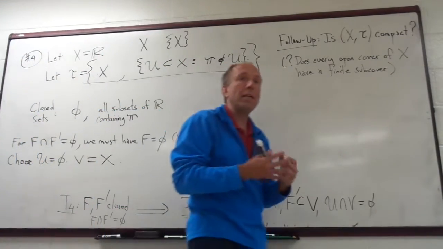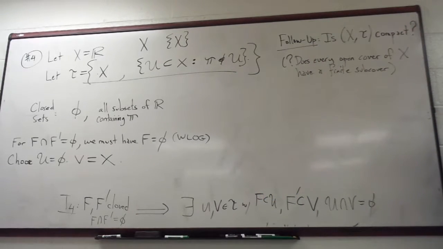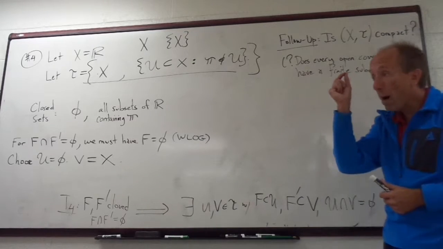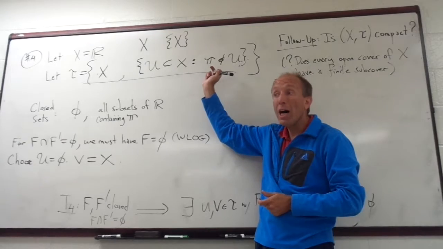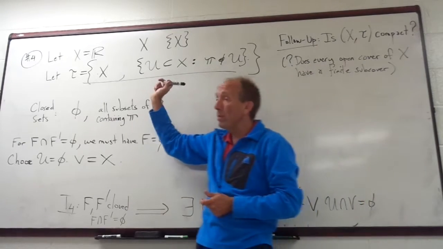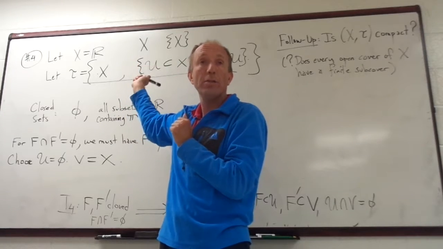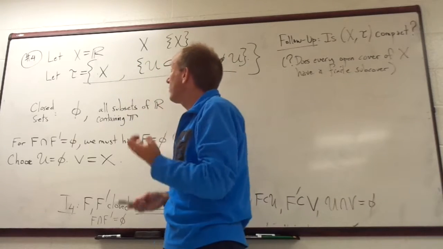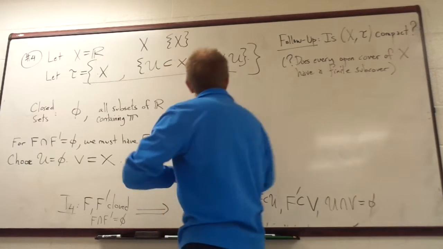X would have to be in the open cover, because no matter what we pick, we'd be missing a point of X. You've got to cover all real numbers, including pi, right? None of these open sets are going to cover pi. So this is the key point: any open cover of X in this topology must have X in it.